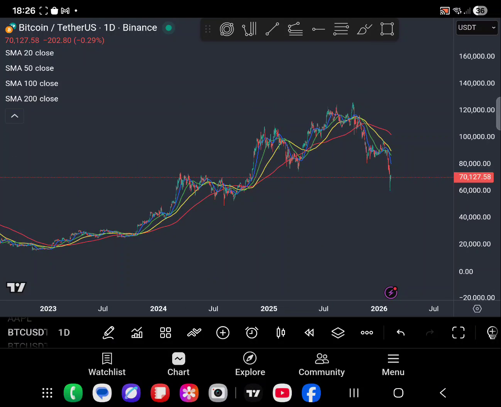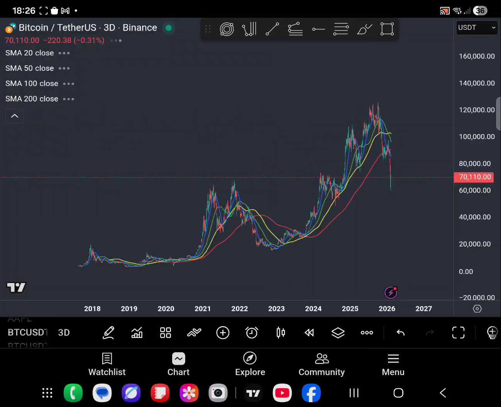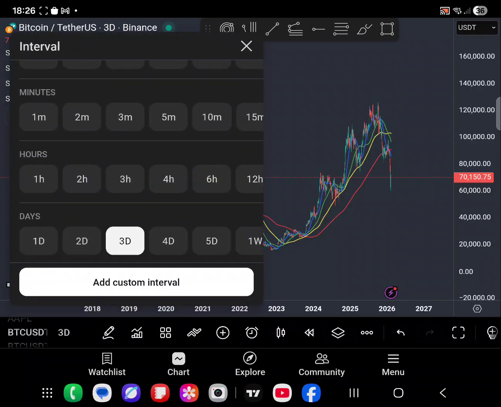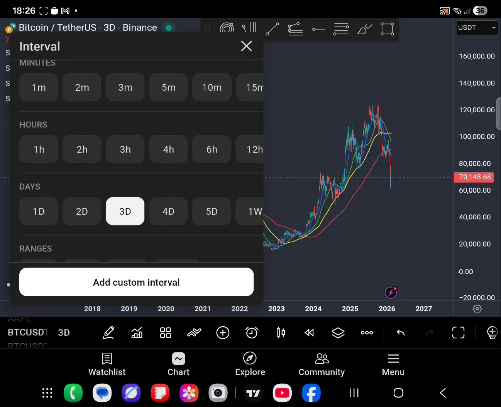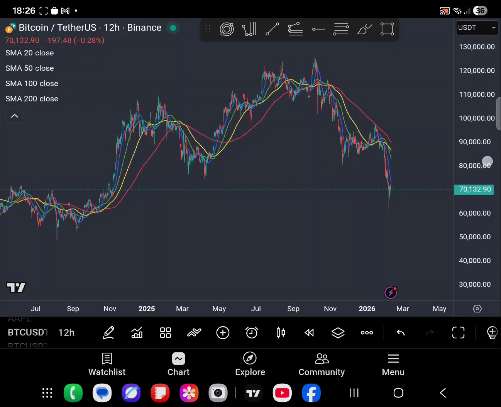Right. So that's the 1 day chart. Let me have a look at maybe the 3 day. 3 day, 1 week. Before we looked at the 1 week. So I think the 12 hour. If you have a look at the 12 hour.